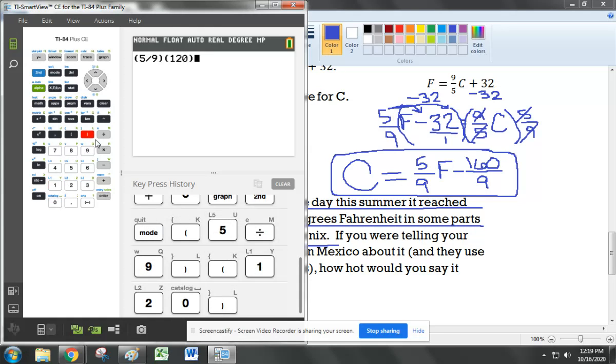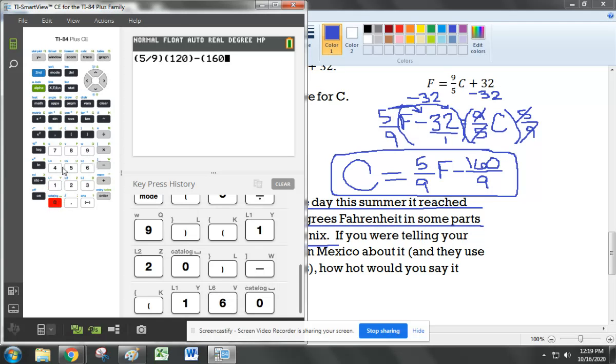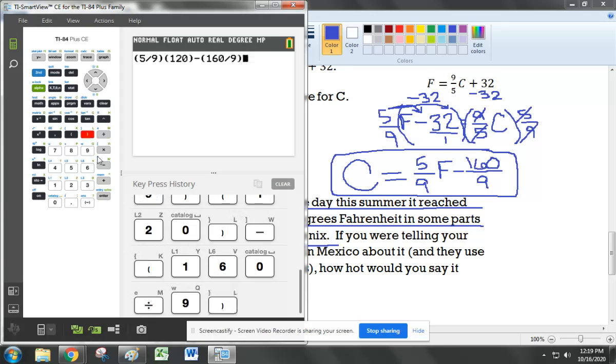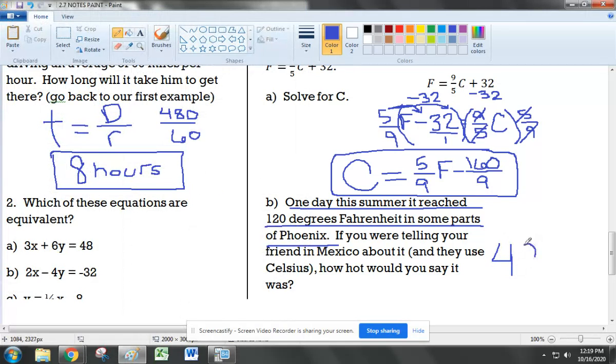So if you can't find the button, and I know I'm not there, so I can't really help you, just use parentheses and then close up the division problem. That's really all you got to do. So this is the way I would enter it in a calculator if it were me. And it would, in fact, give me the final answer I'm looking for, which is about 49 degrees. So if you are in a country that uses Celsius and they say it is going to be 49 degrees outside, that is stinking hot.